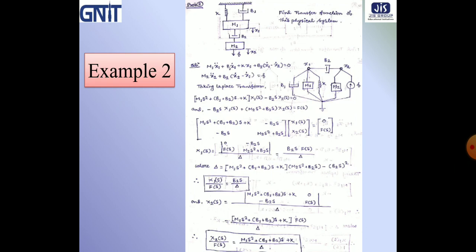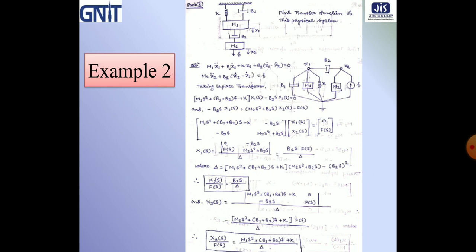We have to assume one end of the mass as fixed, so one end of the mass we have to connect to the ground point, and the other end of the mass is connected to x1.